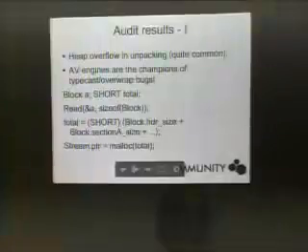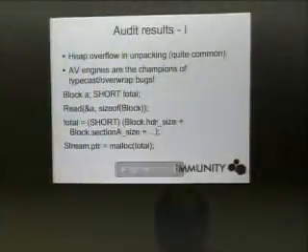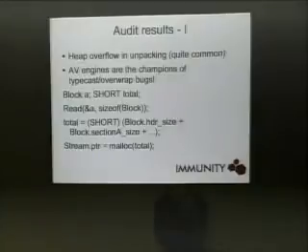We found a heap overflow in the unpacking of a certain file format, and after this assessment we did a lot more research into AV, and AV engines seem to be the champions of typecast and overwrap bugs.